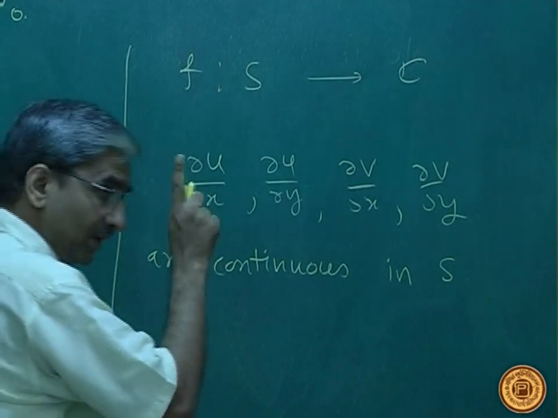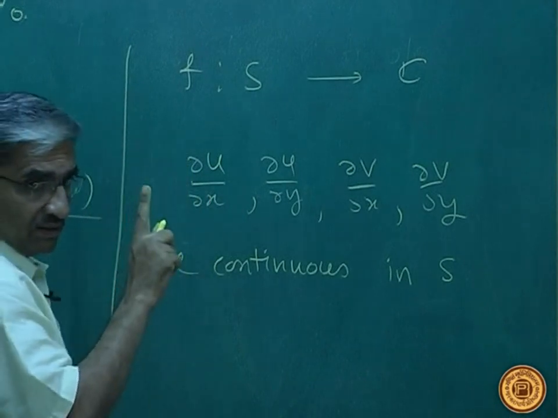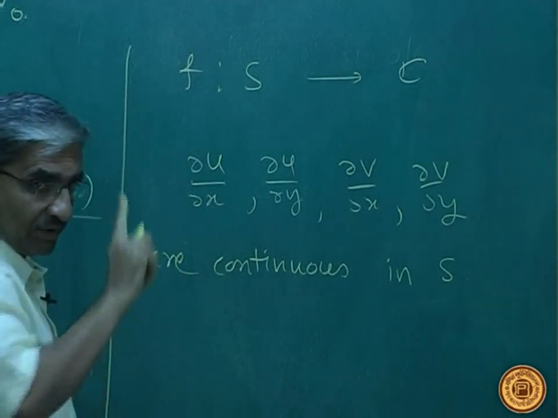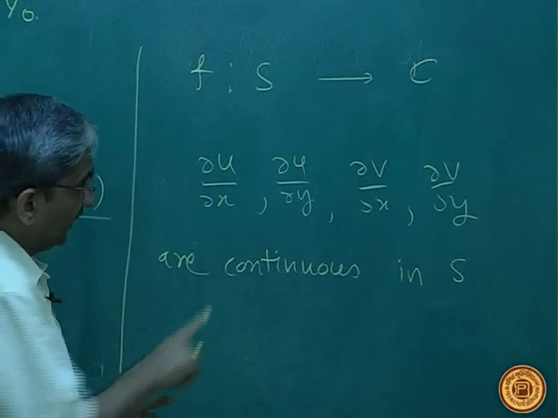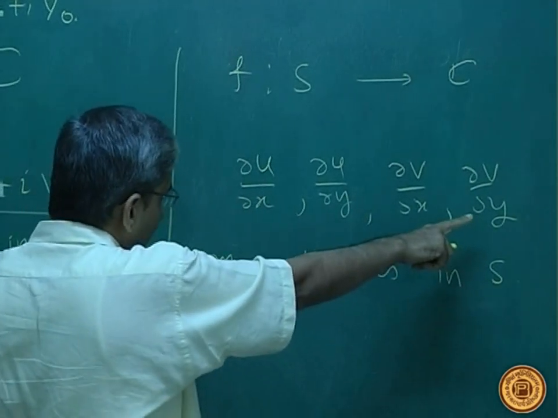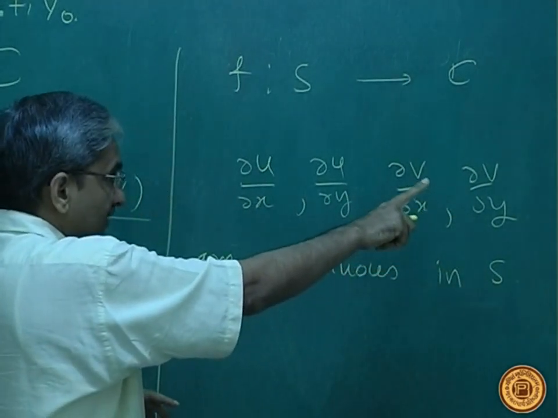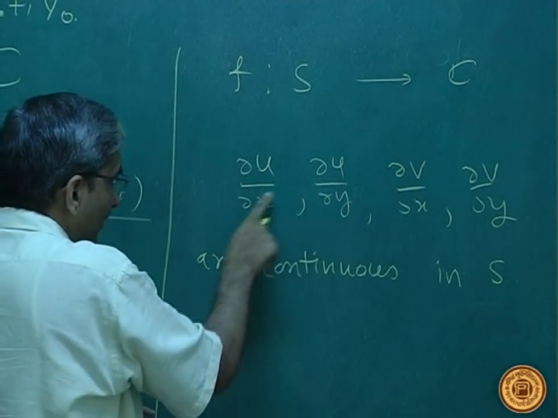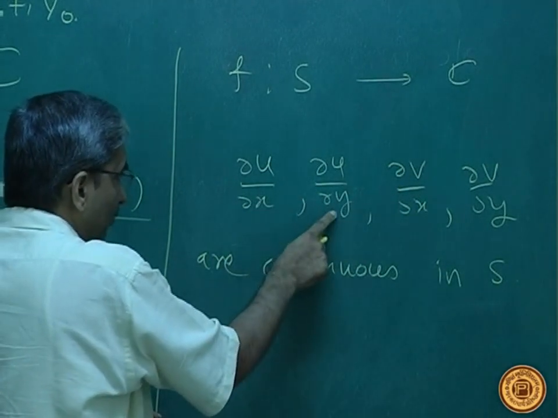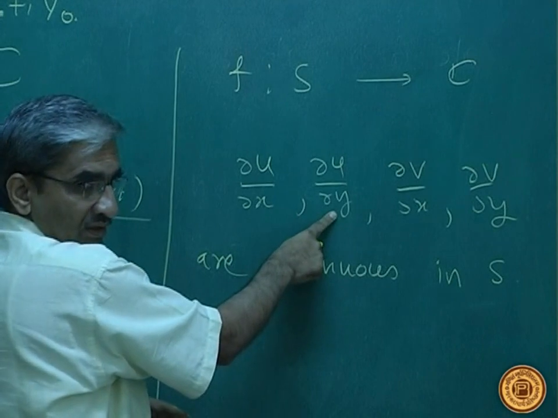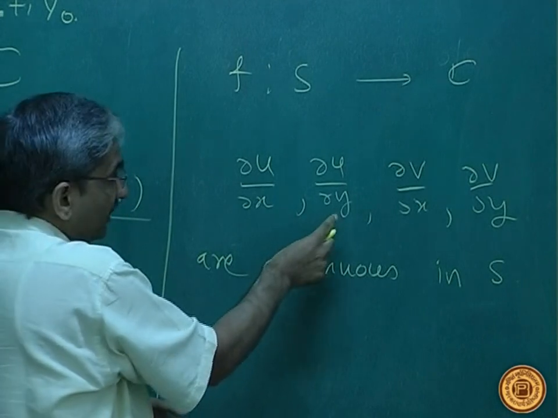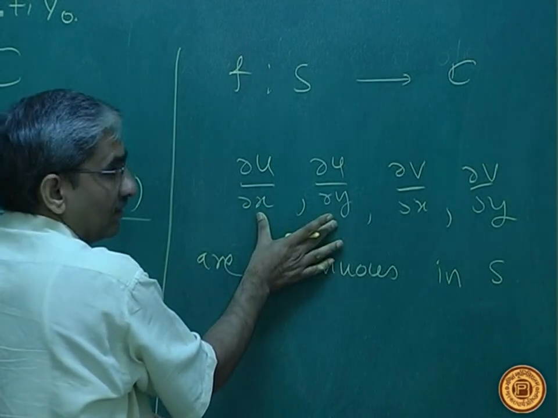Now you remember that you have done a theorem in several variable calculus that if the first order partial derivatives are continuous, then the functions are differentiable. That means if these two, ∂u/∂x and ∂u/∂y, are continuous, then the function is differentiable.